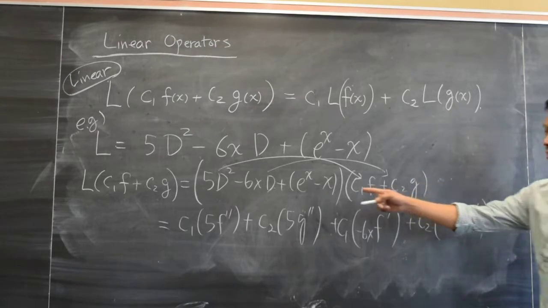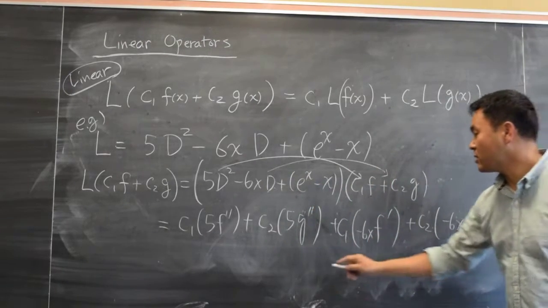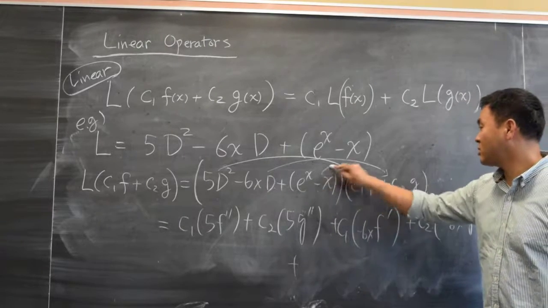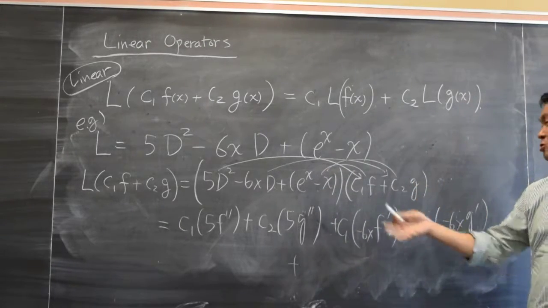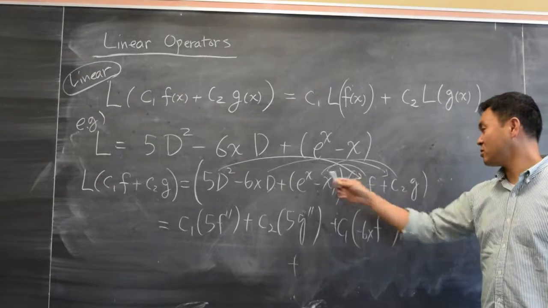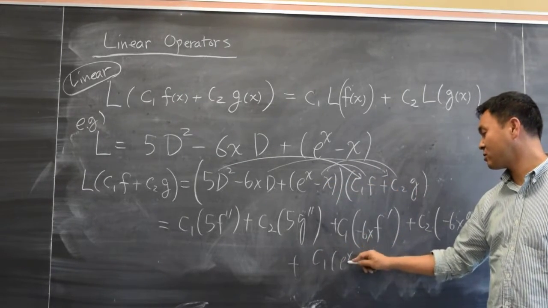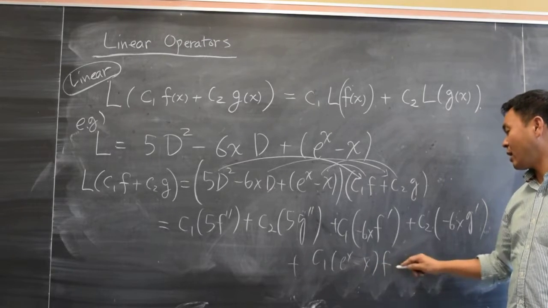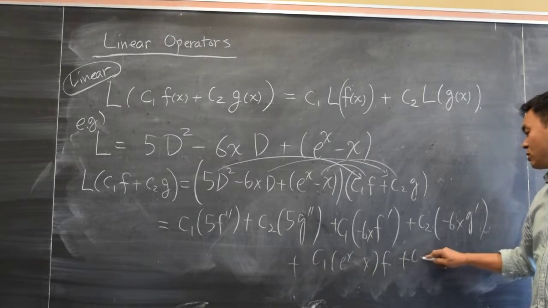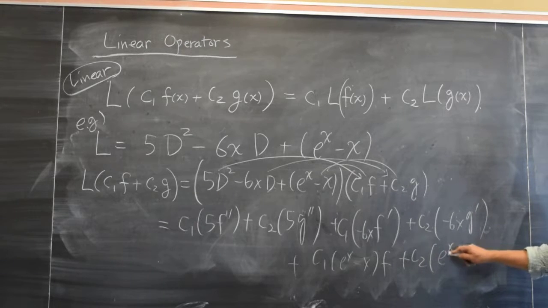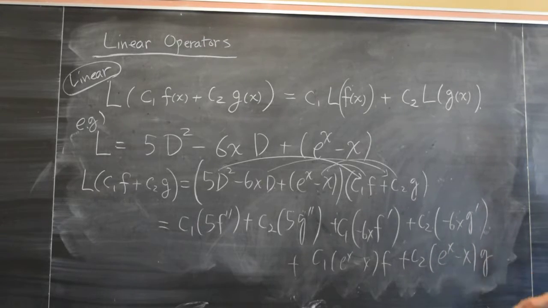That's what this operator does. And finally, when this is multiplied to this, it's just distribution. You can pull the C1 in front, so it's C1 times e to the x minus x f plus C2 times e to the x minus x g.